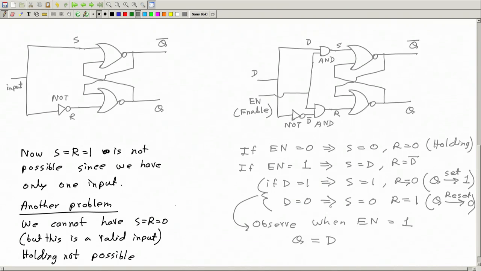So in this circuit, you observe once again that if enable equal to 1, then Q equal to D, whatever the value of D is. If D is 0, Q becomes 0. If D is 1, Q becomes 1. And when enable is equal to 0, then Q stays at Q previous.